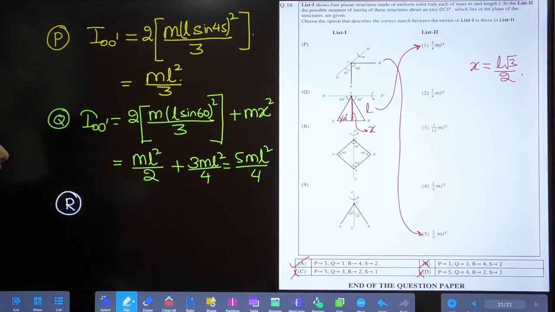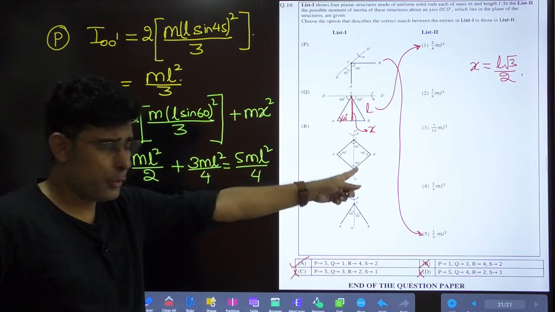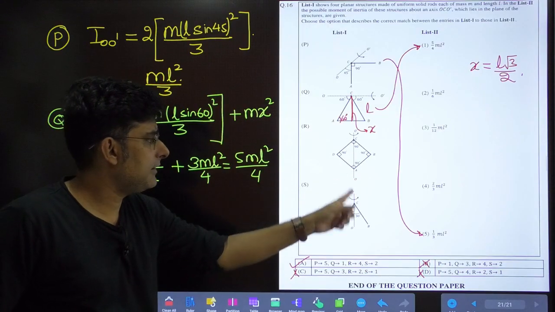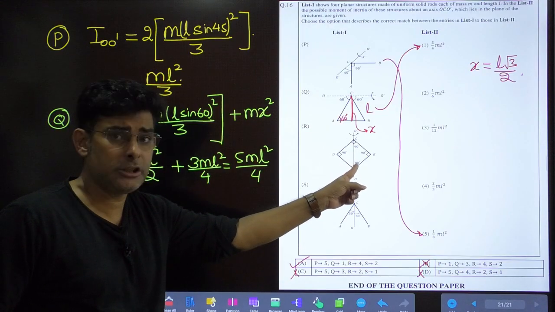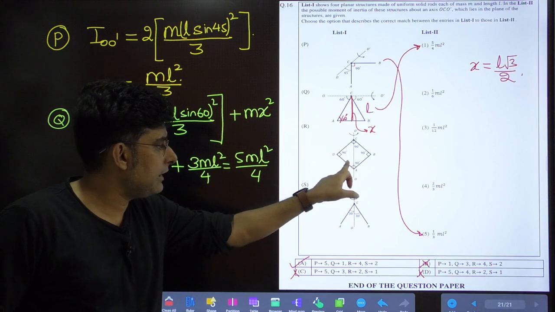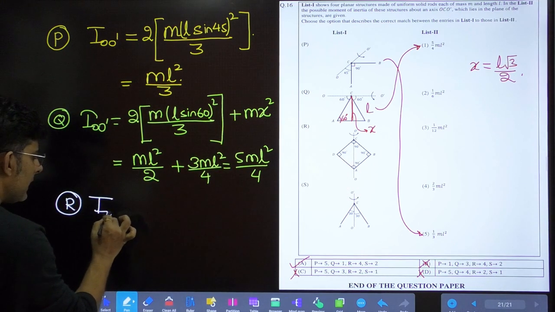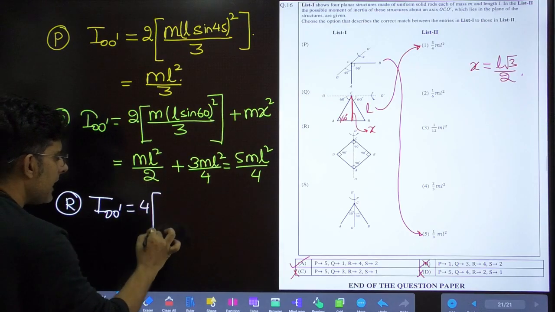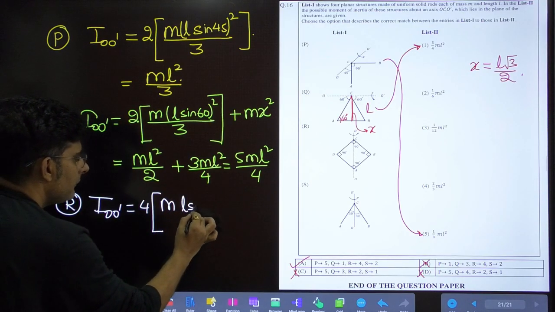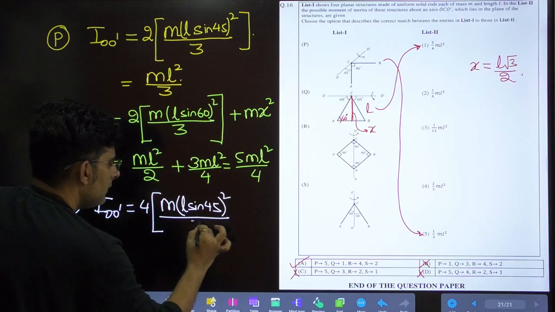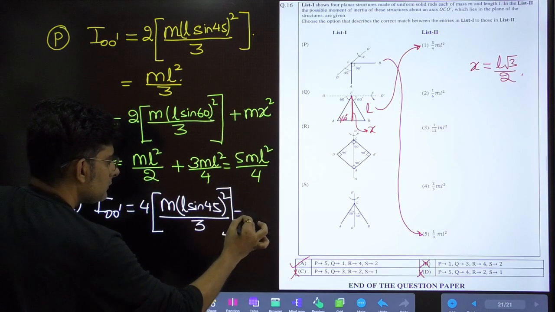Just to cross check. For R, it is a square frame, and for each rod, the axis is end axis and making 45 degree with each rod. Because you can see total angle 90, so each rod will make 45 degree. So there are 4 rods. So IOO dash is simply 4 times M L sin 45 whole squared upon 3.